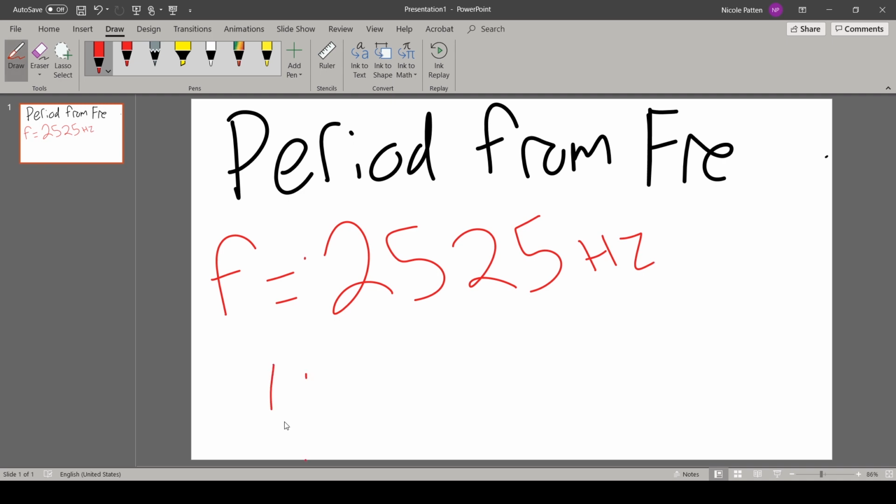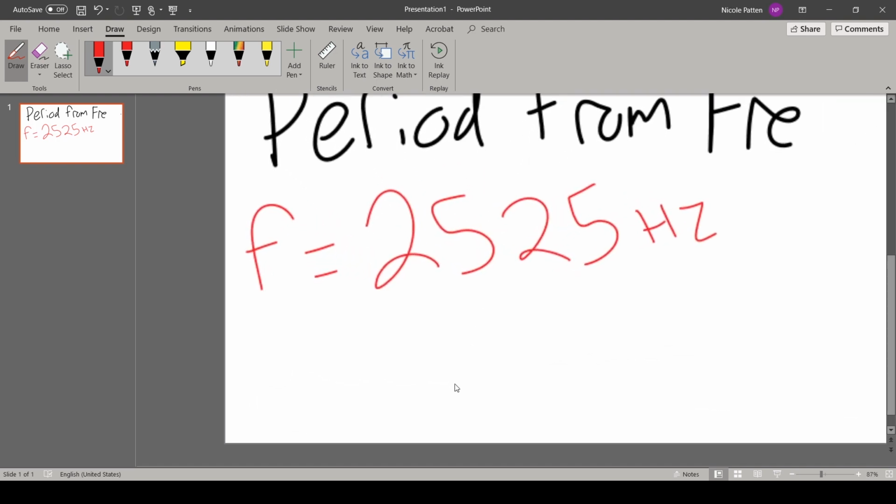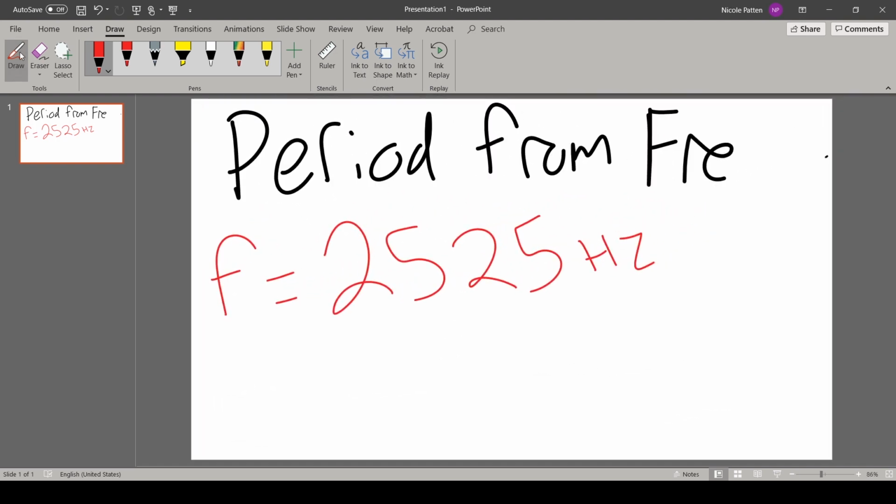So T equals 1 over 25. And if I look at my calculator, that is 1 divided by 25.